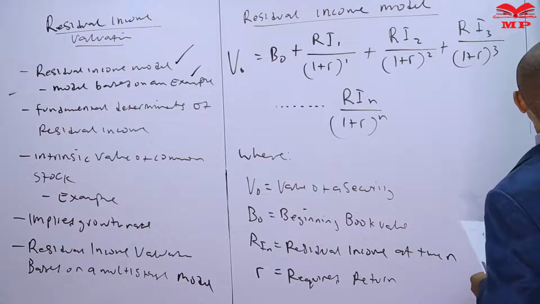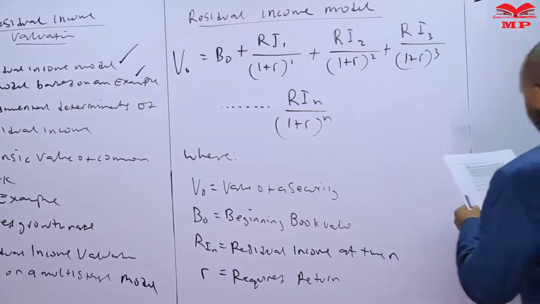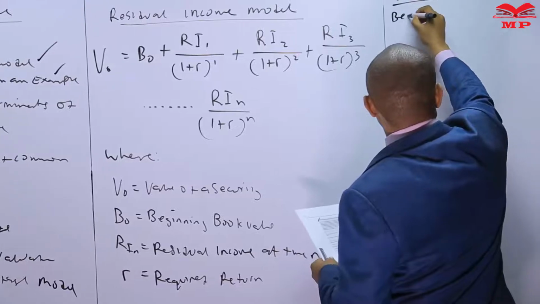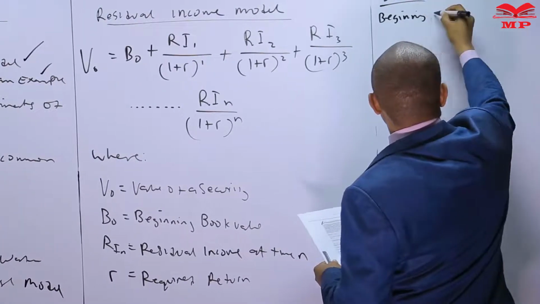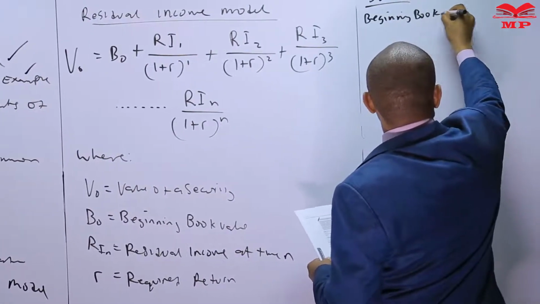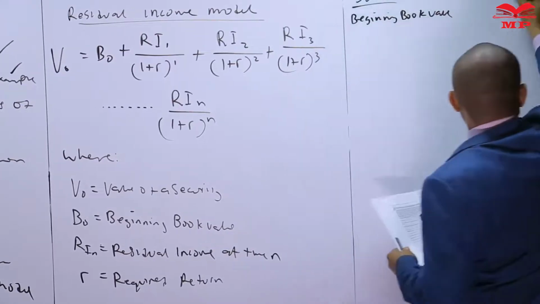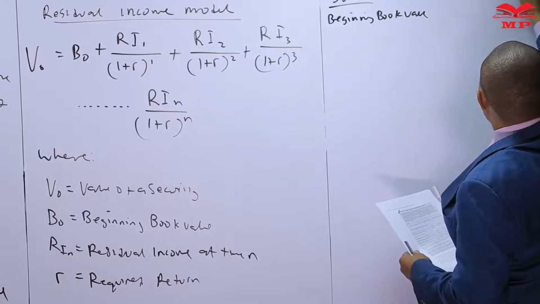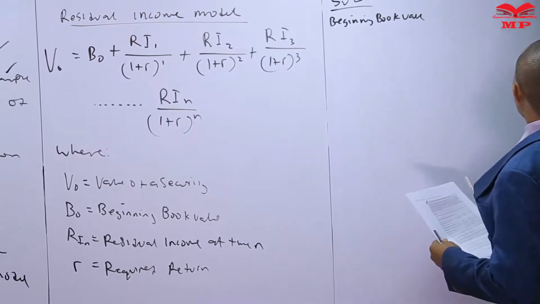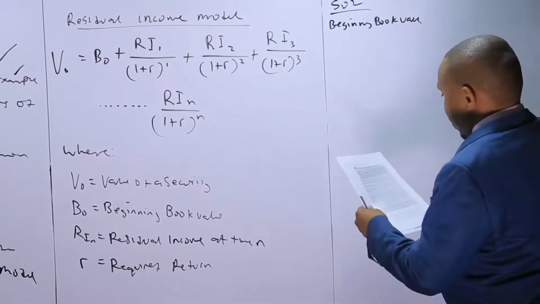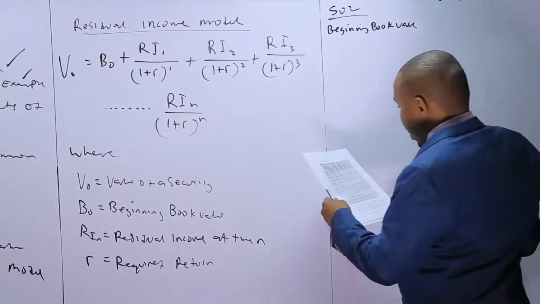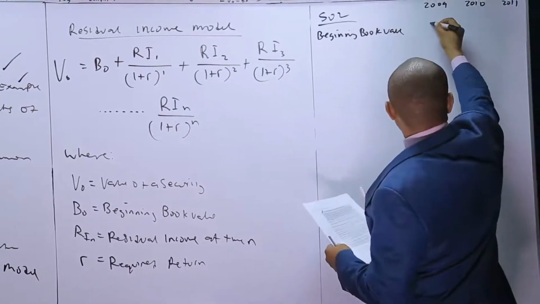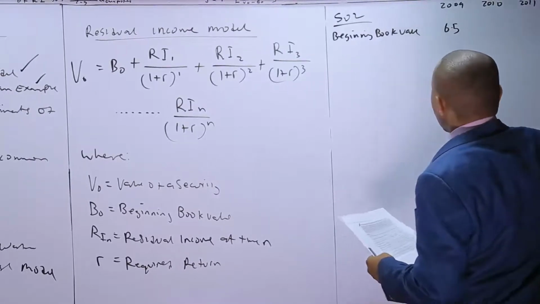So we say solution. We can see we have been given the beginning book value per share for 2009, 2010, 2011. The beginning book value for 2009 we have been given as 6.5.